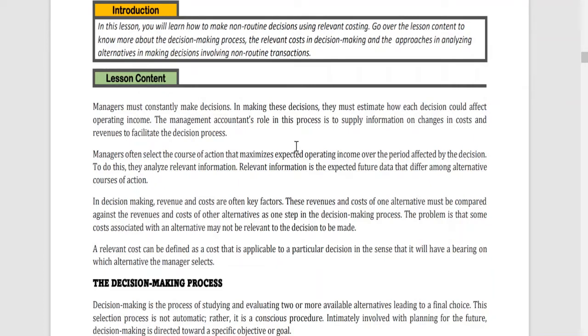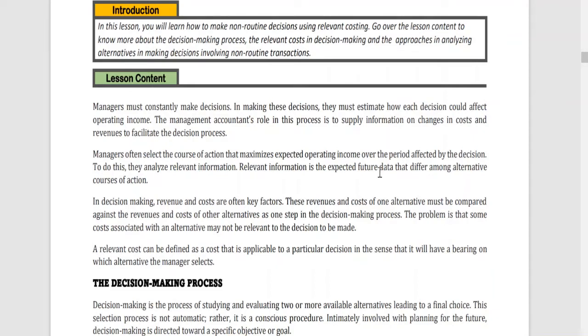That's why the management accountant's role here is to provide the information on the changes in the costs and revenues in order to help in making decisions. And the managers would have to choose the appropriate course of action that will help maximize the operating income over the period that will be affected by the decision.